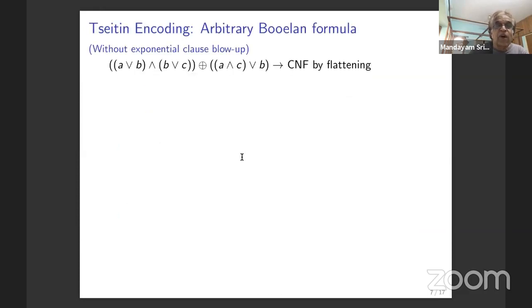So most SAT solvers use this encoding of arbitrary Boolean formulas. This encoding is credited to a person called Tseitin, and that's why it is called the Tseitin encoding. Normally, to get a formula that is not in CNF into CNF form, you would do it by flattening, by expanding out all these things.